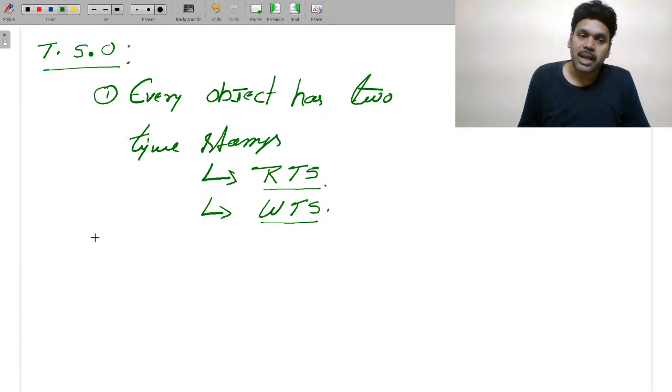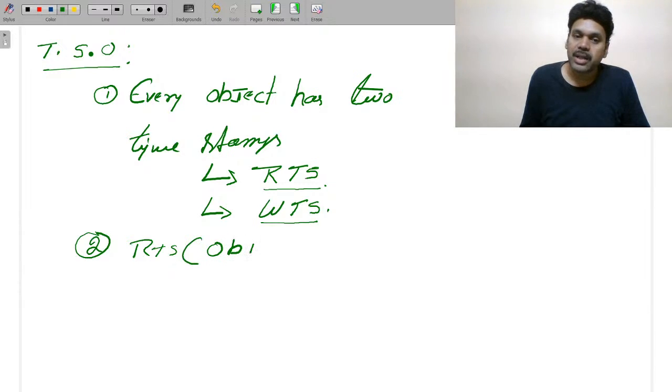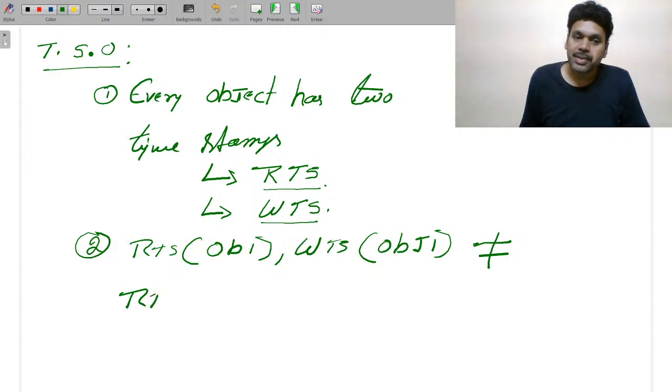Now the second point is that the RTS of object 1 and WTS of object 1 are completely different from the RTS of object 2 and WTS of object 2.